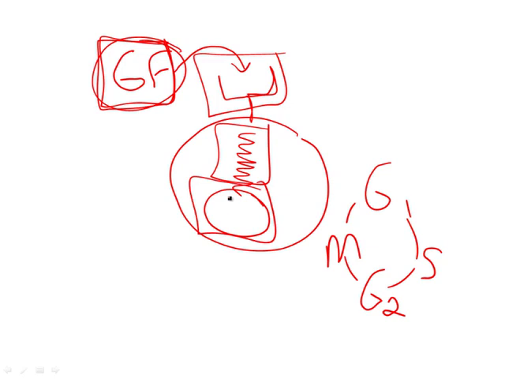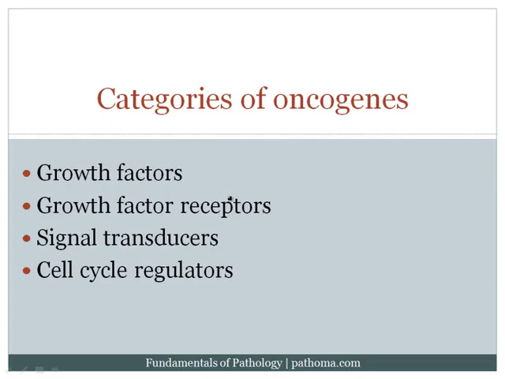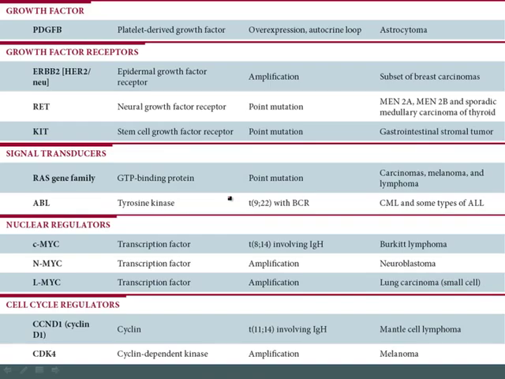Now, mutations in any one of these steps or any one of these categories of proto-oncogenes can result in the formation of an oncogene and can then be associated with formation of a tumor. And that takes us to this table, which is present within your text.